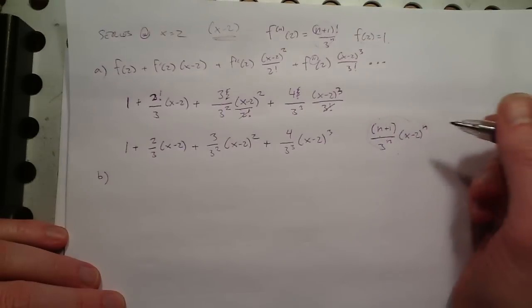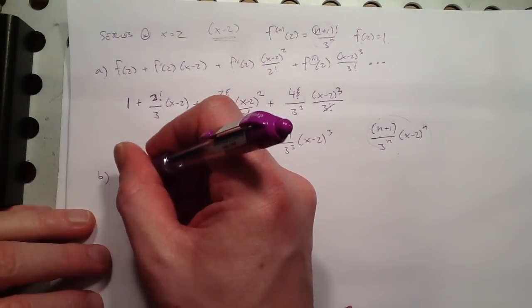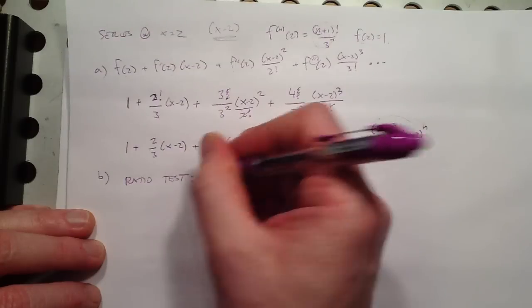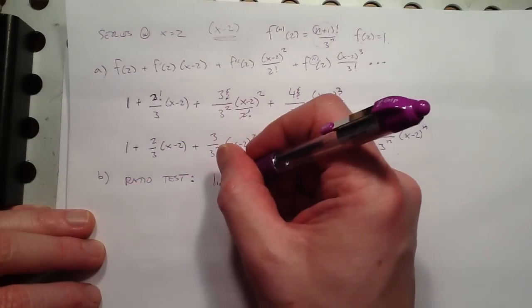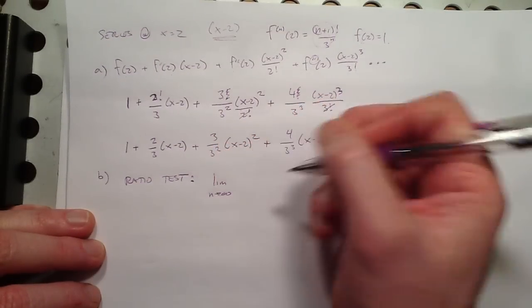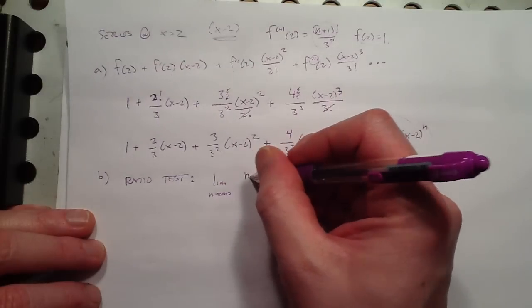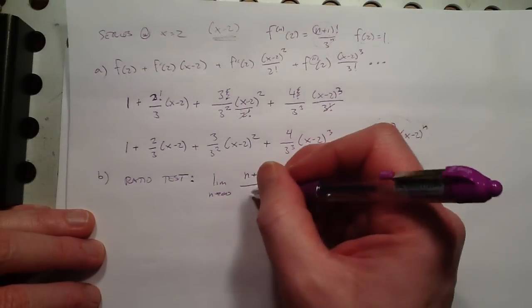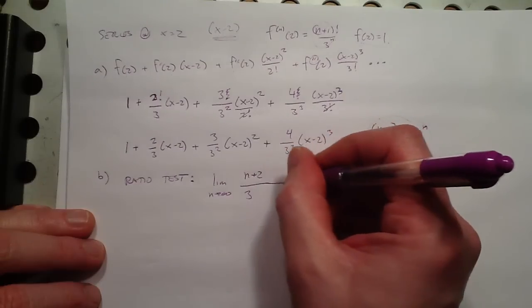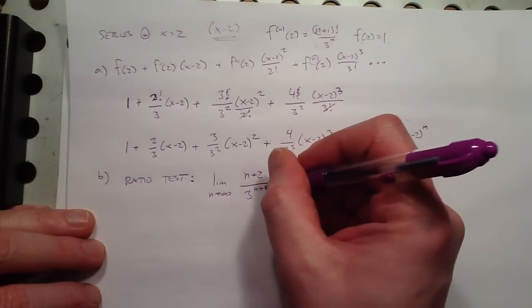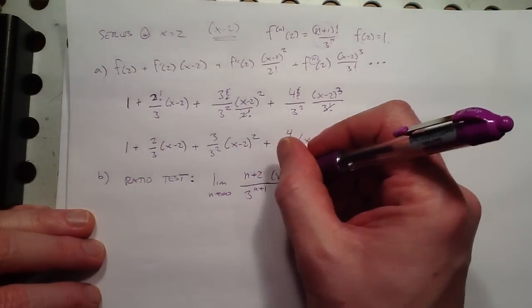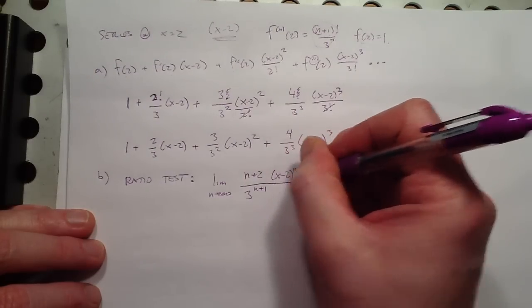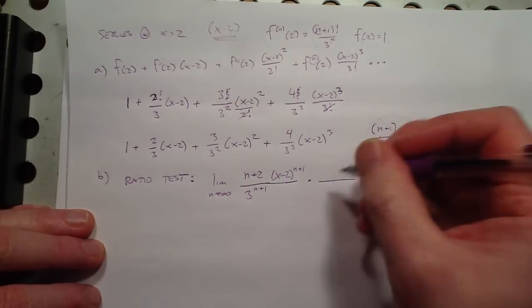So we have our general term now, so using the ratio test, we want to find the limit as n approaches infinity of the n plus 1 term divided by the n term.